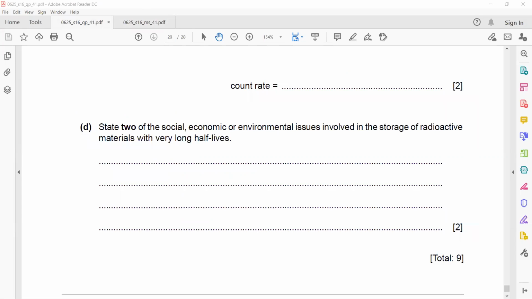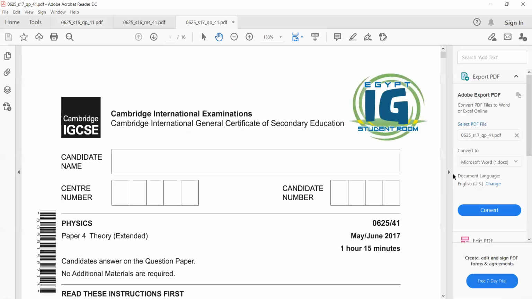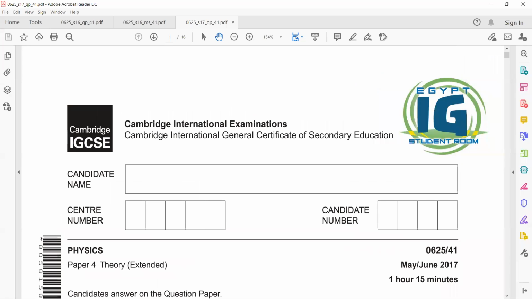Then another paper, May June 2017, paper 4, variant 1.